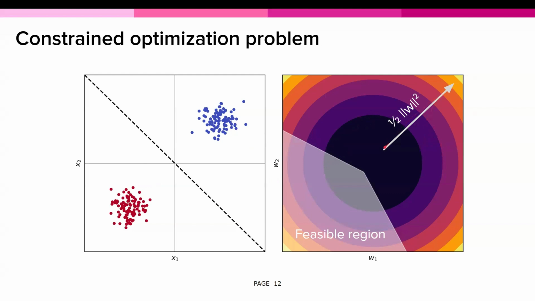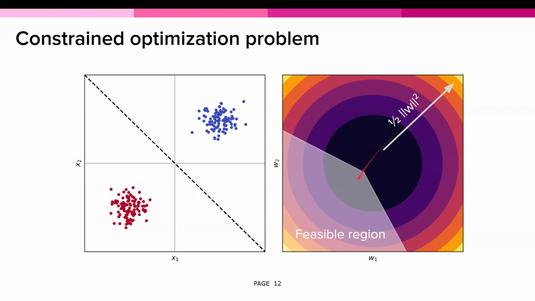As we move away from the origin, this half norm of the weight squared increases, which is not what we want. We want to minimize this quantity, which geometrically would mean we're trying to push the weight vector towards the origin to reduce its magnitude. The center of the contours, this darkest region, represents smaller values of the objective function.